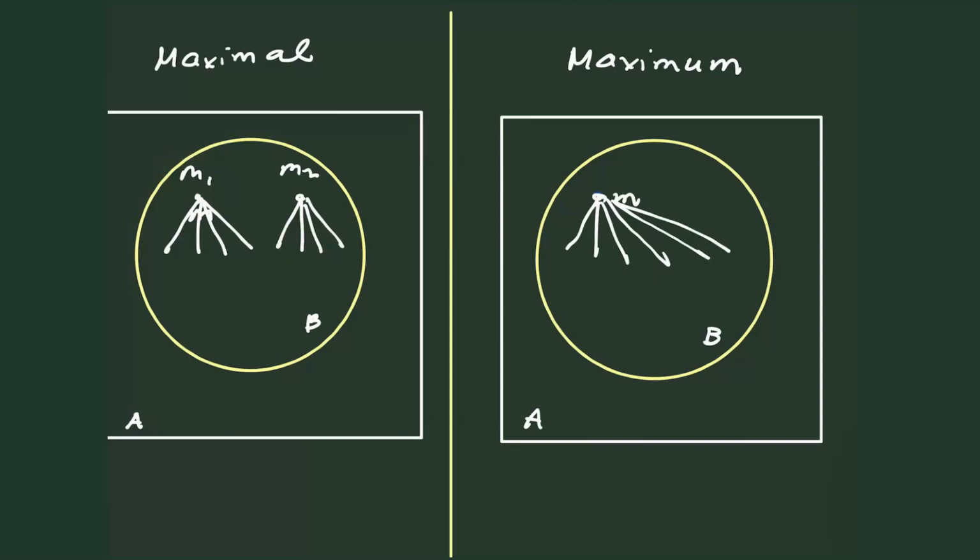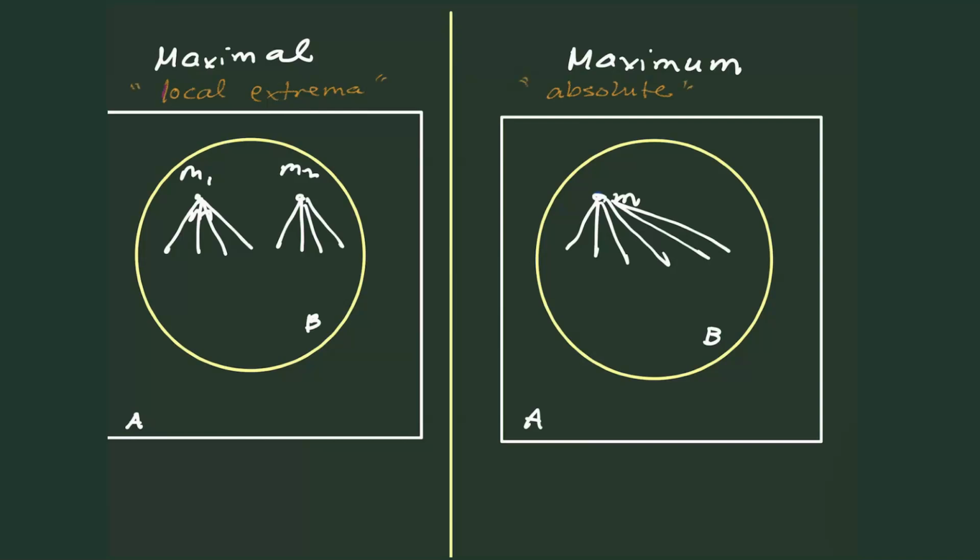But M2 is a maximal element because for all the elements to which it is comparable, it is always the biggest. So in calculus, you might think of it as the local extrema. However, for the maximum element, you can think of it as your absolute maximum value. Whereas for this one, it's just a local. So that is just one way that you can remember these terms.